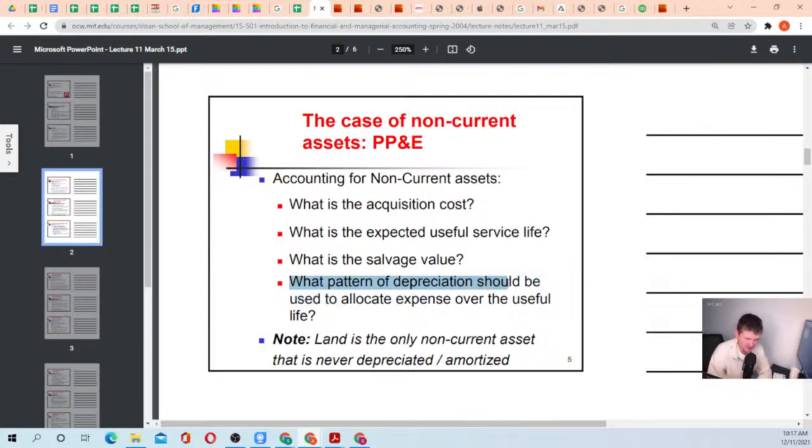What pattern of depreciation should be used to allocate expense over useful life? Most of the time, straight line depreciation is used. Sometimes you might use a unit of production method.